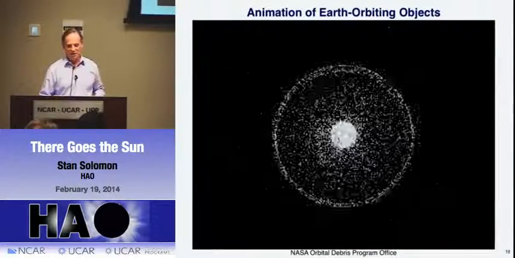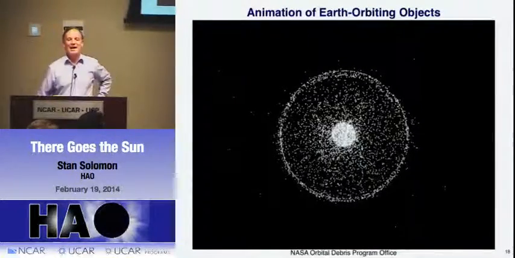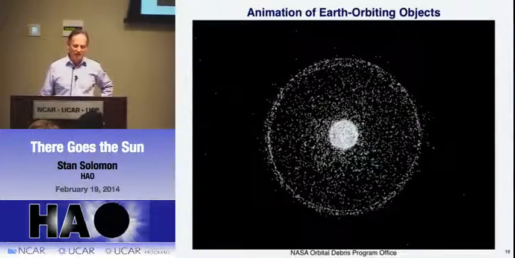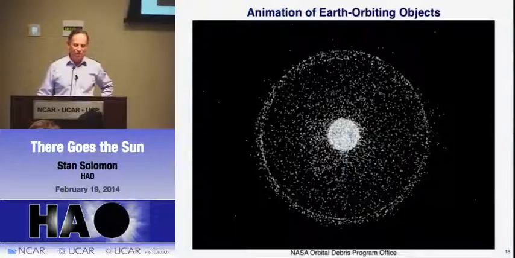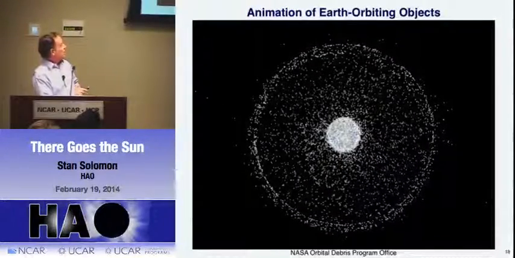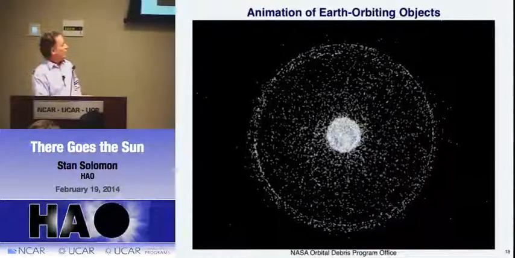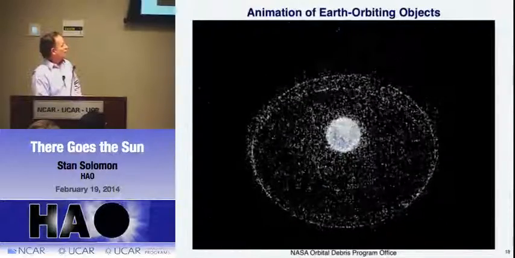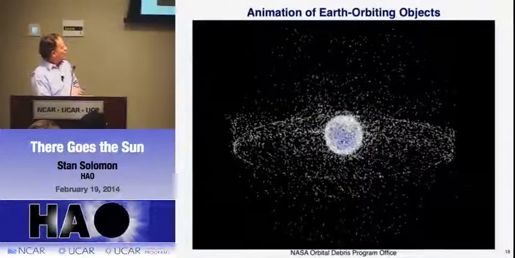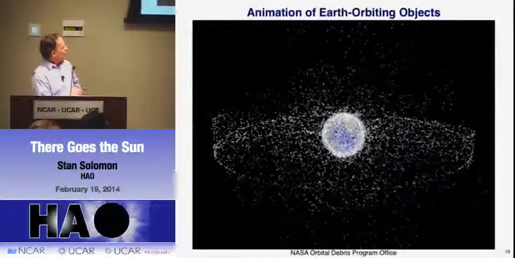I also found this one on the web, which is really spectacular. It's an animation taken from the actual two-line elements of the tracking data of all the objects in low Earth orbit, and you can go out through Earth orbit. And this is, in fact, geostationary out here, very crowded. All those communication satellites. As you come into the equatorial view, you can see there's also a population of geosynchronous, but not geostationary satellites.